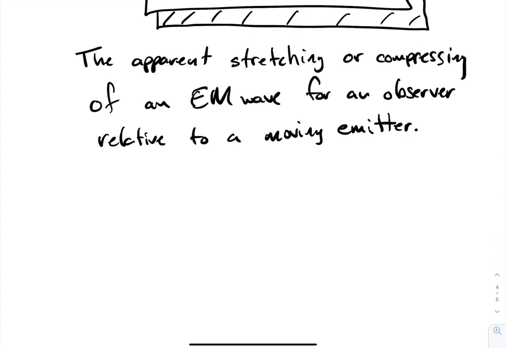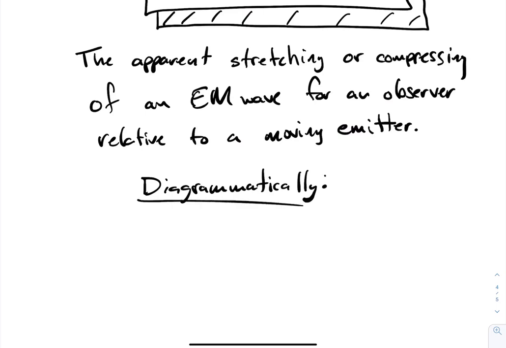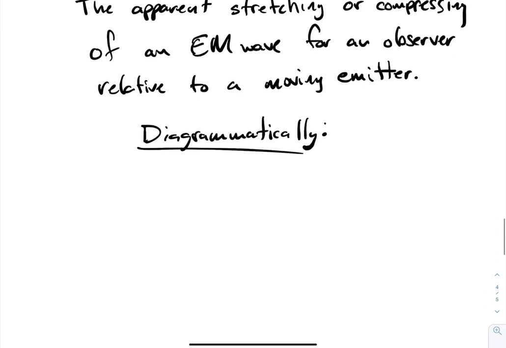And so one example might be, so we could say diagrammatically, you might have like a tower, and it would be a really annoying tower if it was just emitting pulses of light for no reason. Let's say it would be yellow light.